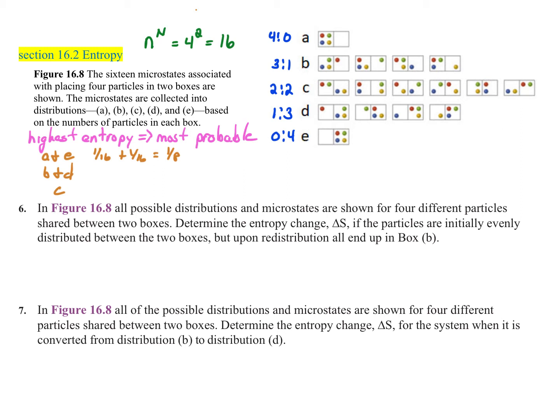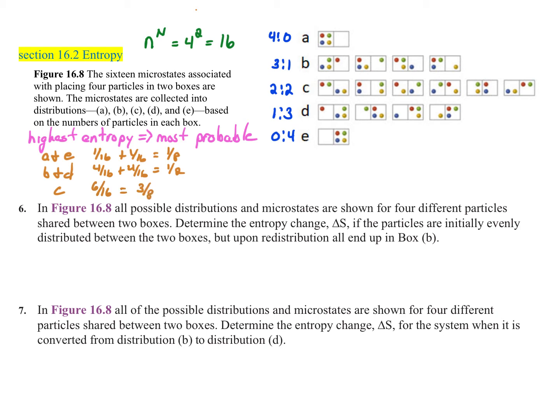B and D correspond to 4 out of 16 plus 4 out of 16, or 1/2 of our total distributions. Finally, C is 6 out of 16, or 3/8 of our total distribution.